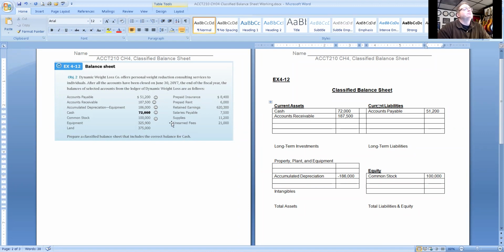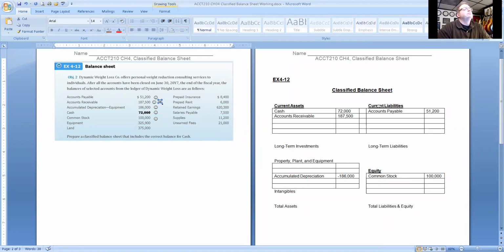Equipment. Where's the equipment going to go? Current assets? Probably not. Intangibles? Actually, it's probably tangible. It's probably equipment. So it's probably going in property, plant, and equipment.